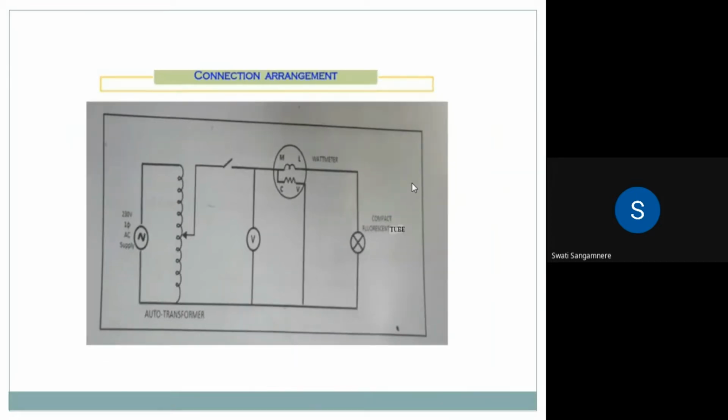Then this connection diagram is for the compact fluorescent tube, which also has a little difference, that is, instead of using the incandescent lamp or CFL lamp here we have to use a compact fluorescent tube. Remaining connections are the same as per the previous circuit diagram. Then we can connect as per the circuit.